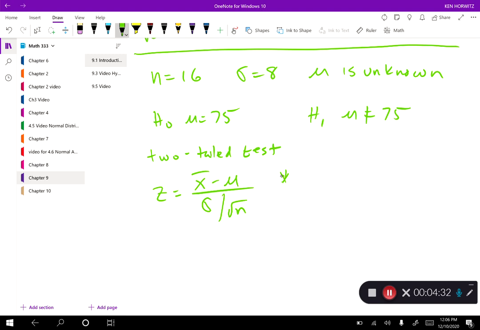And what I want to know is for what values of z do we reject the null? The other piece of information we need to know is alpha. I'm going to put alpha at 0.05.